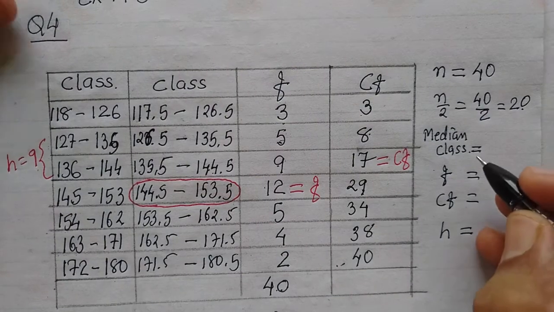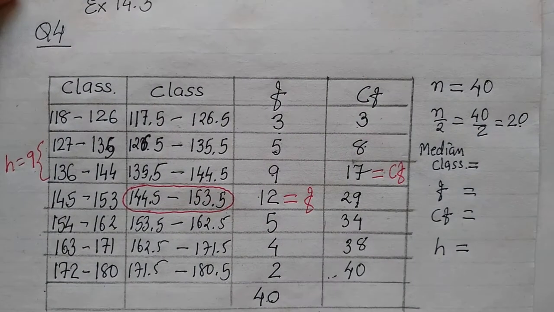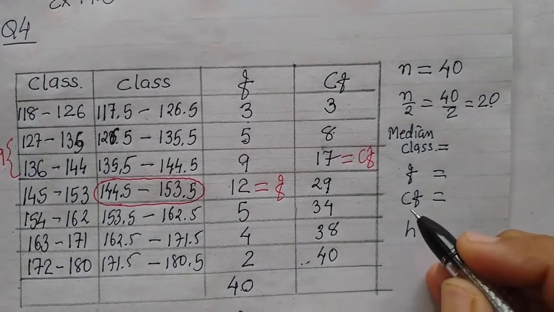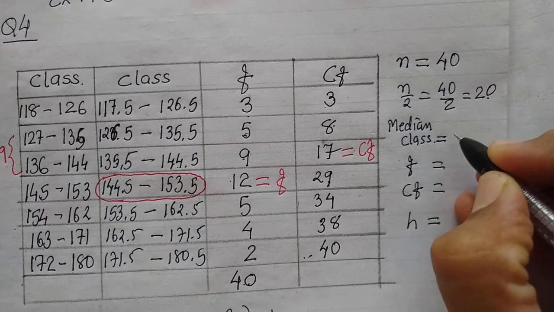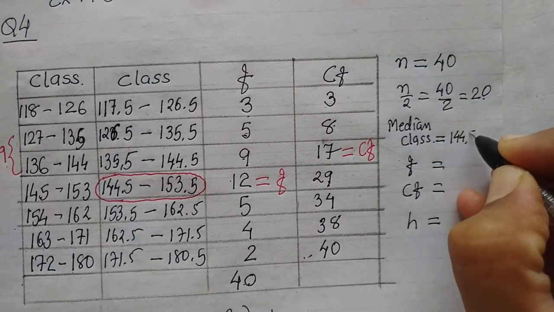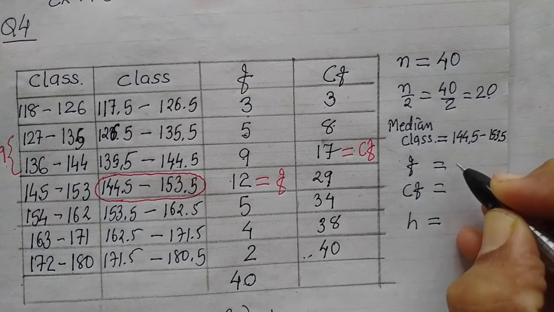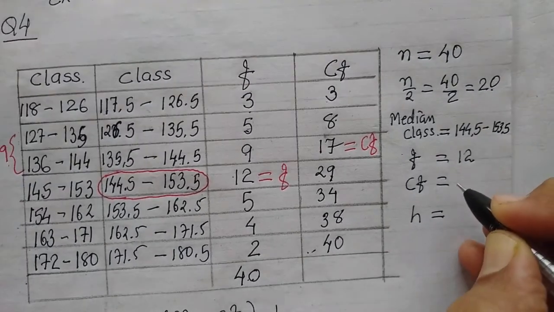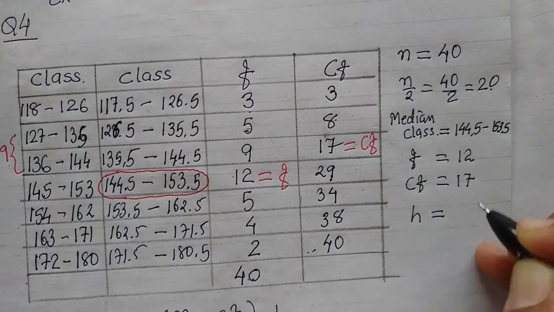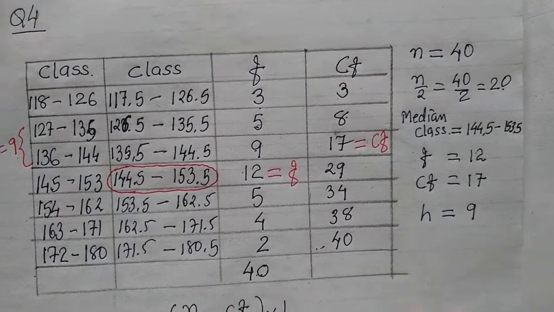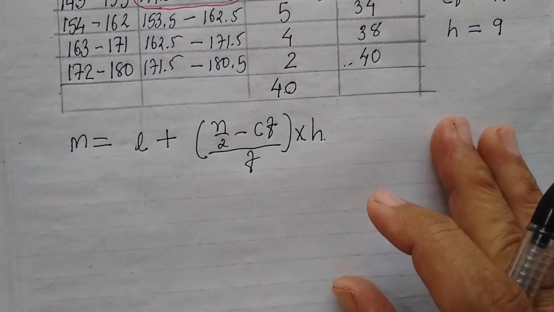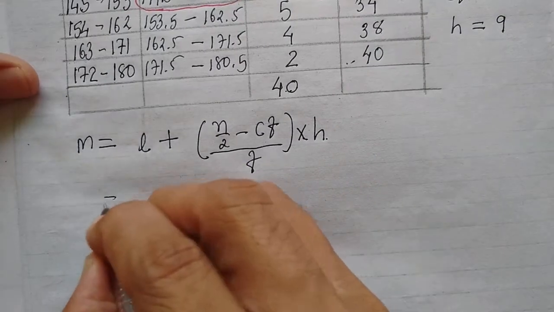So the median class is 144.5 to 153.5. Frequency is 12, CF is 17, h is 9. Put these values in the formula.